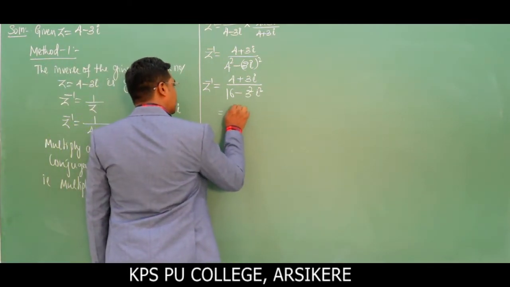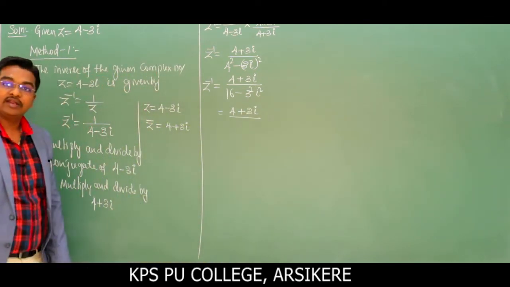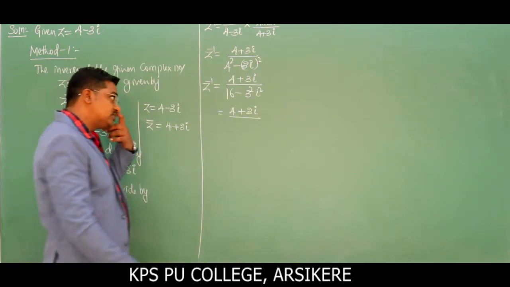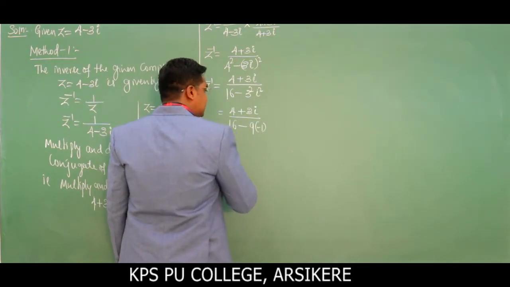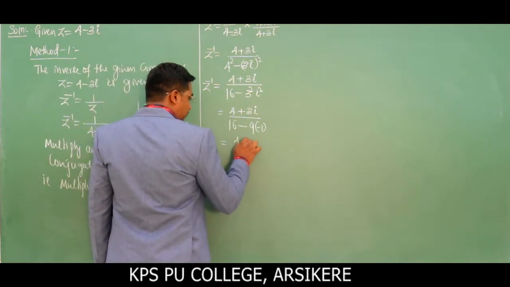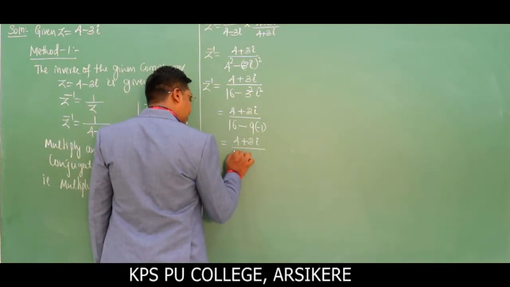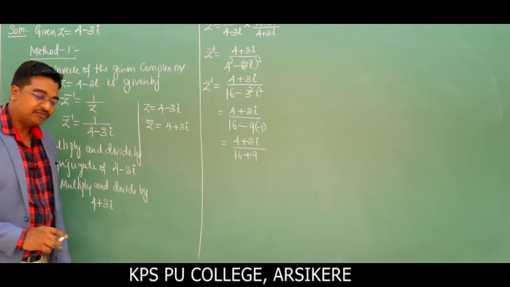So this is 4 plus 3i. Now tell me, what is the value of i square? It is minus 1. So this becomes 16 minus 9 into minus 1. Now this reduces as 4 plus 3i divided by 16 plus 9. So 16 plus 9 is nothing but 25.